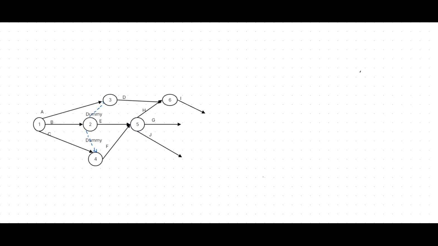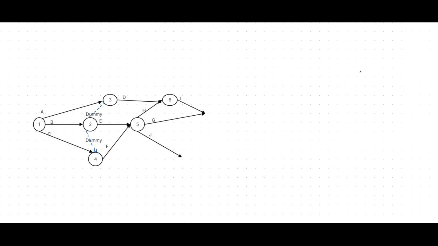What is next? For the K, we should complete G, I, J. Now you can see the G here, I here, J. The problem is G and I we can complete using another same event because I starts from event number 6, G starts from event number 5.